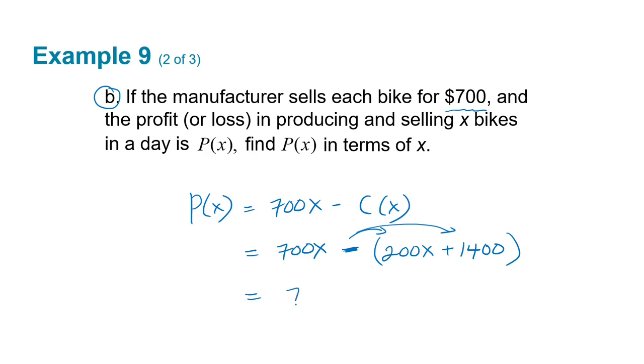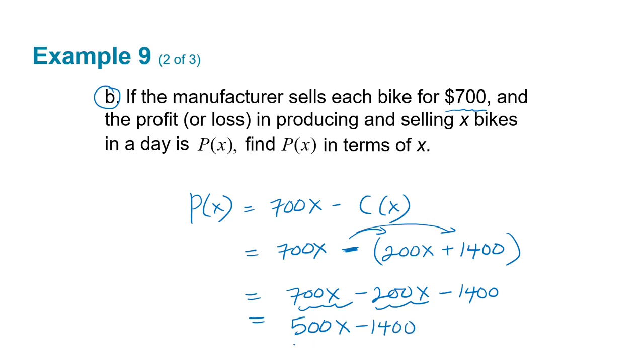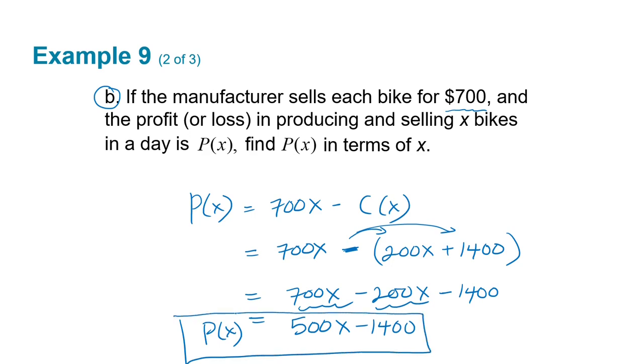This simplifies to 700x minus 500x minus 1,400. We could collect like terms. 700x minus 500x is 200x, minus 1,400. This is our profit function. P of x equals 200x minus 1,400.